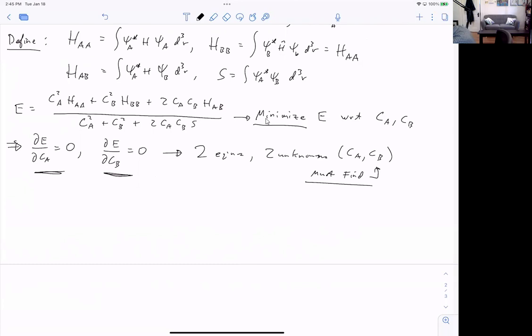So from this minimization scheme, we get two equations. It's easy to do. Just take the derivative, set it equal to 0, and you get this immediately. We get this expression plus C B times H A B minus E S equals 0.